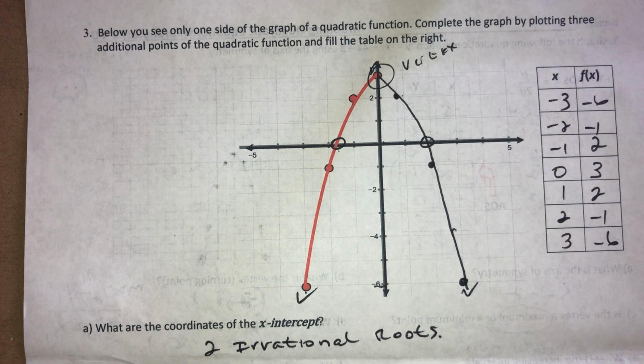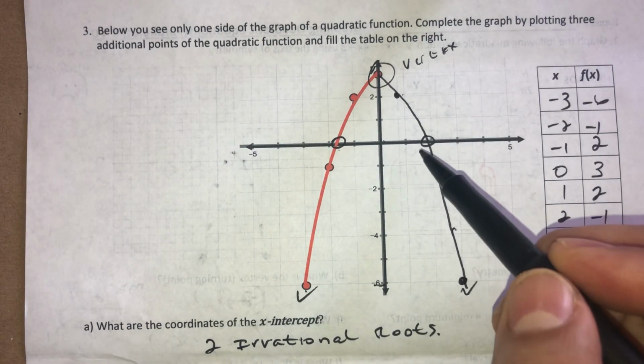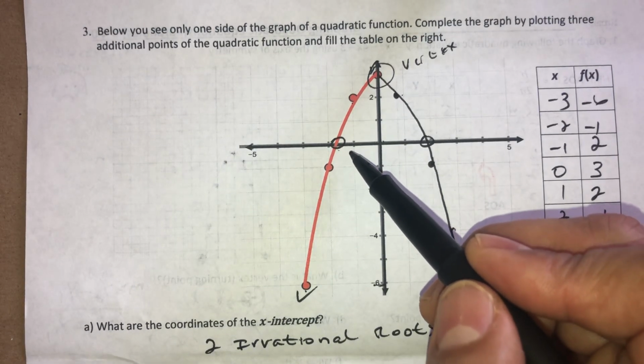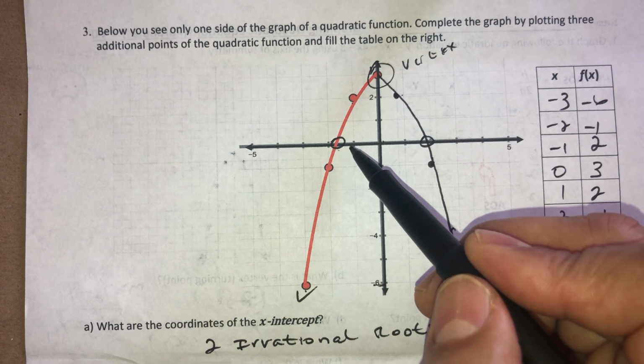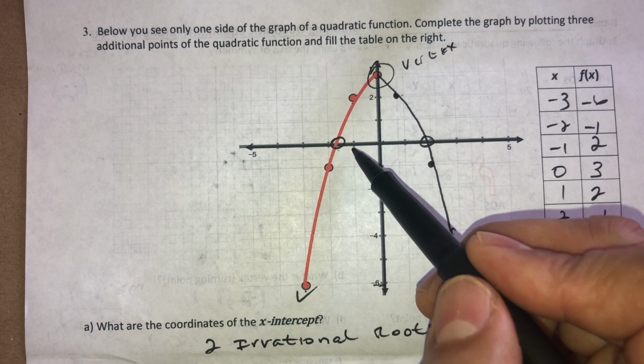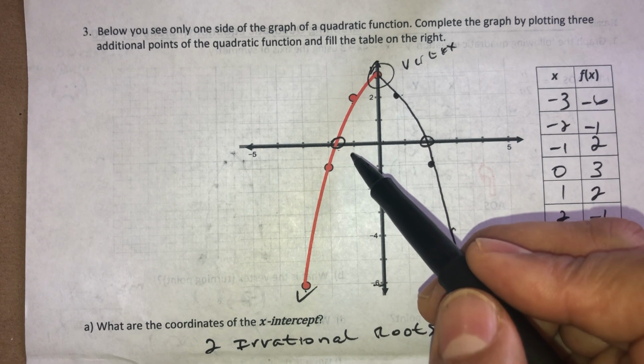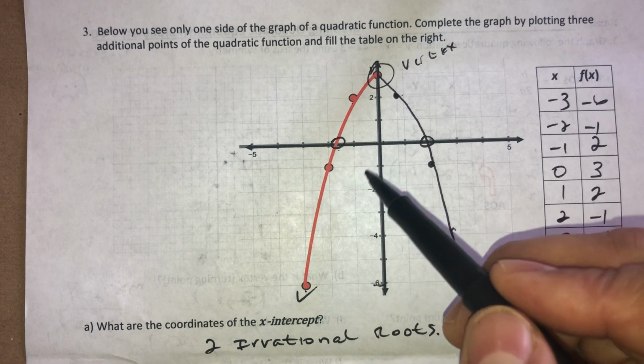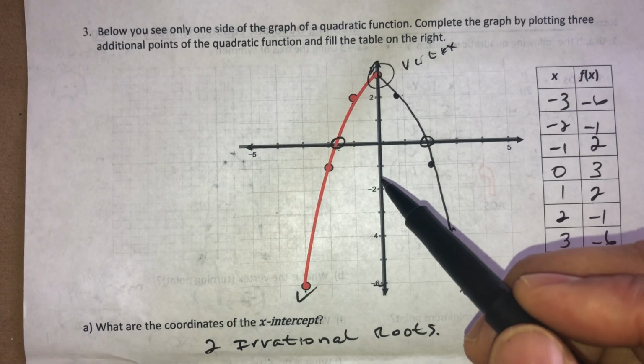Because it doesn't look like real roots, I mean, they are real numbers, but it doesn't look like 2 rational numbers because we're not sure if it's 1/2. If that would be 1/2, that would also be rational because it has an end. But in this situation, it's 2 irrational roots.